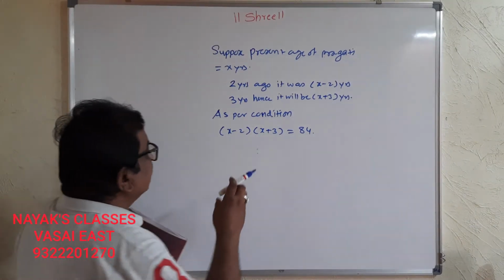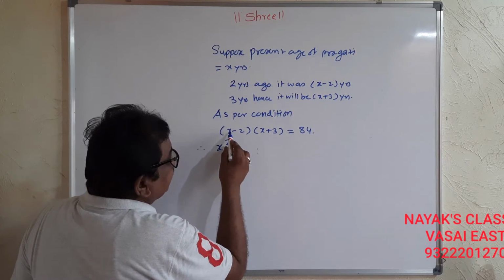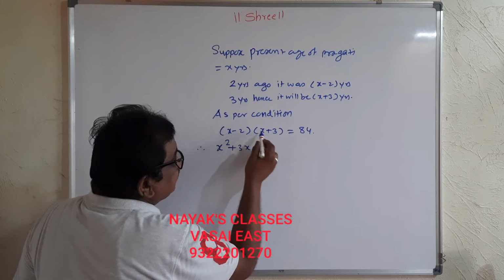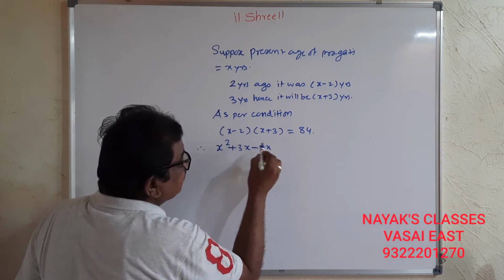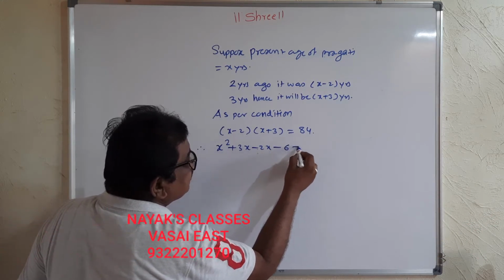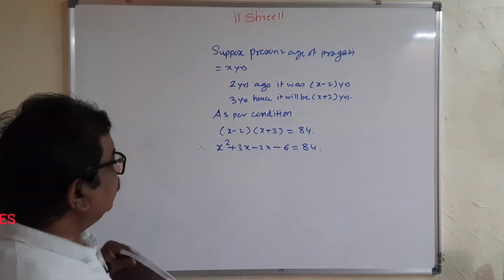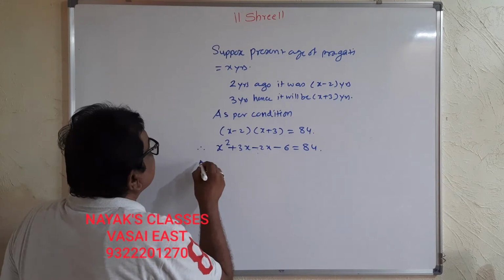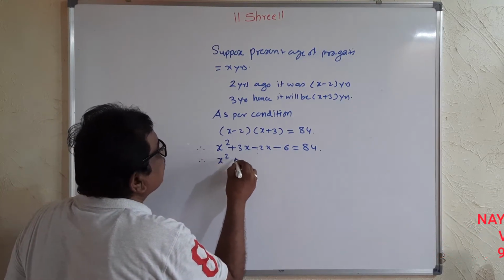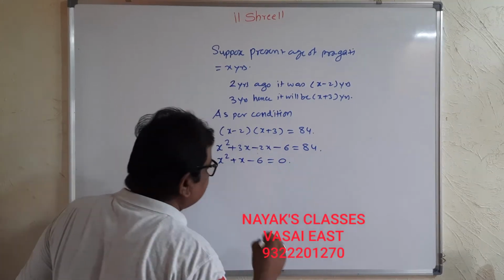So opening the brackets now, x into x, x square, x into plus 3, it is plus 3x, and minus 2 into x, it is minus 2x, and minus 2 into plus 3, it becomes minus 6 is equal to 84. So making addition and subtractions, x square plus x minus 6 is equal to 84.